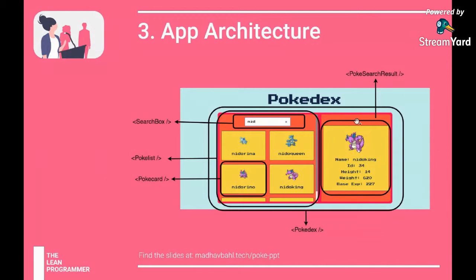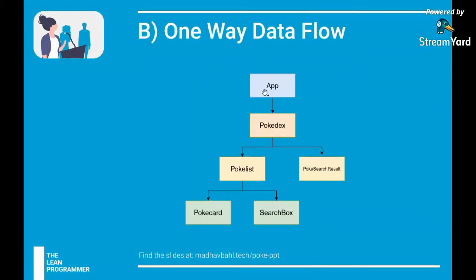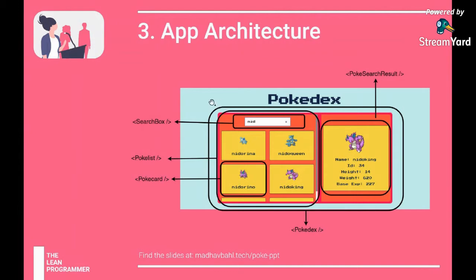So the first component, the most parent component, will be the whole thing, which is basically the app, and then this Pokedex container will be our Pokedex component. Inside that, we can divide it into two parts. One will be PokeList, and the other one will be Poke search result. And inside the PokeList, there will be two children. One is the search box, and the other is the Poke card.